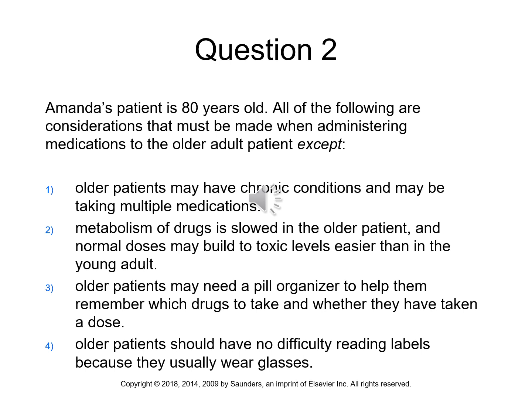Older patients often have limited vision, and they can misread the label on medication containers. So they should be encouraged to have another person verify or color code medications. All the other statements are correct.